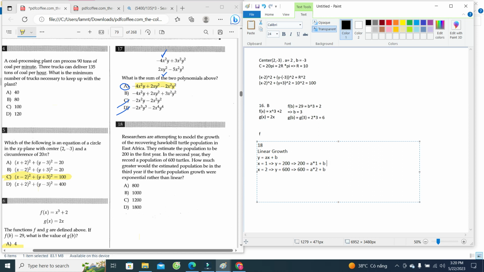So this is just a plus b, and then we have 2a plus b because we replace x with 2. So we have the system of equations: a plus b equals 200 and 2a plus b equals 600.